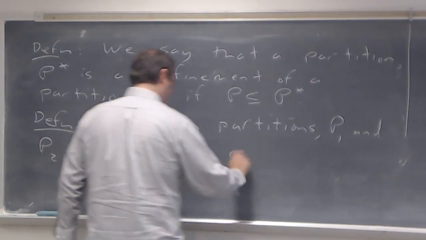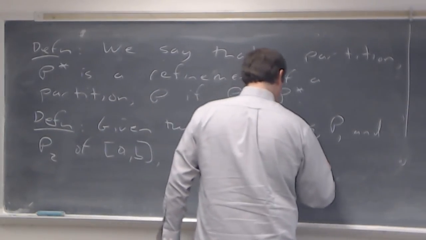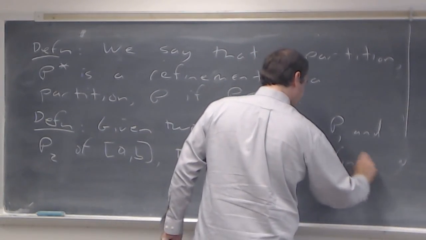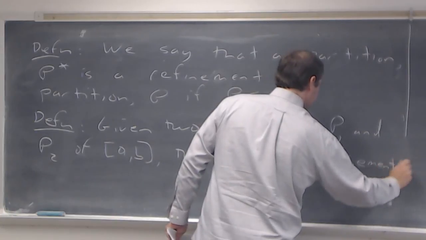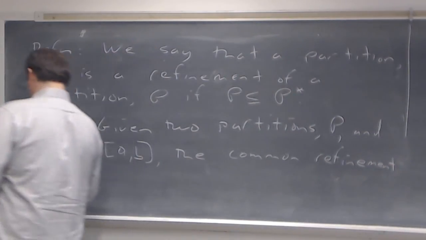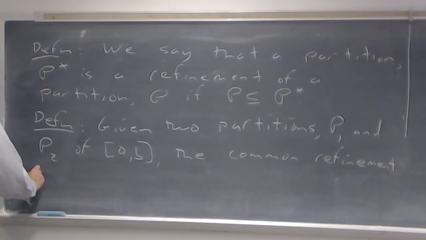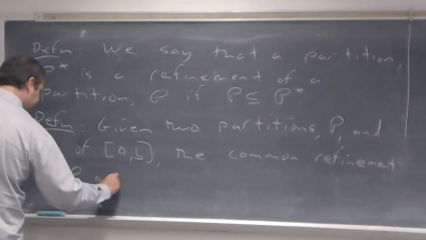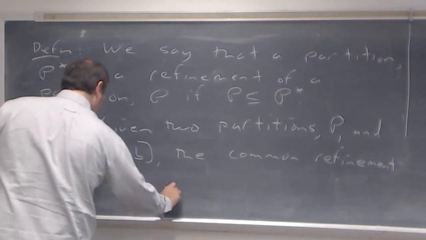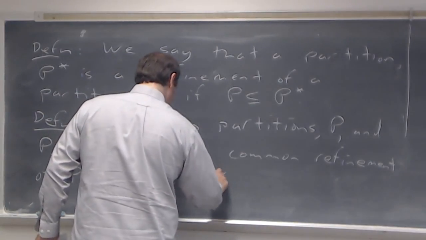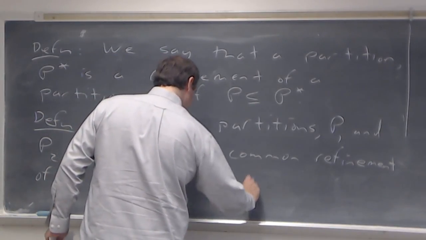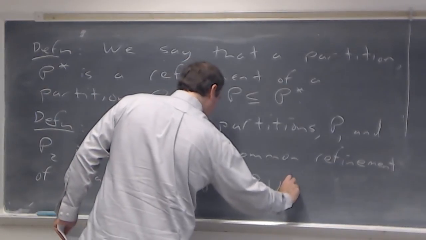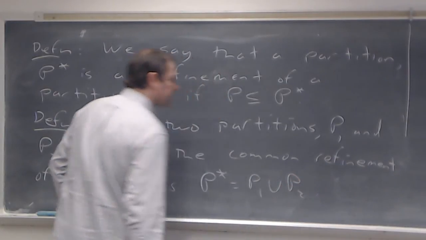The common refinement, that's what I'm defining, common refinement of P1 and P2 is P star equal to P1 union P2. That's the common refinement.